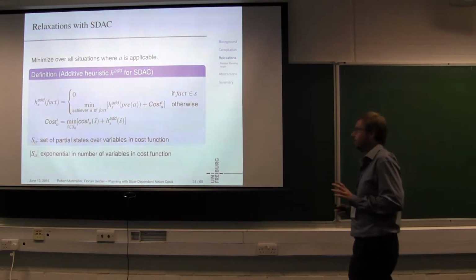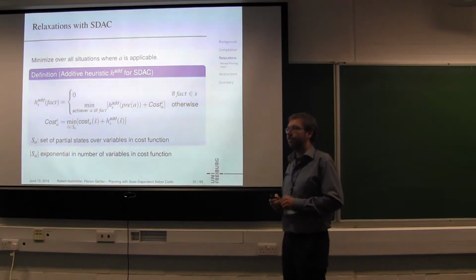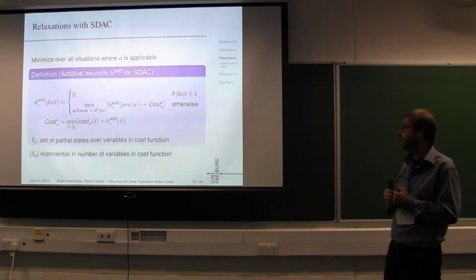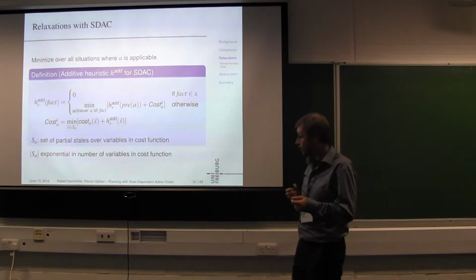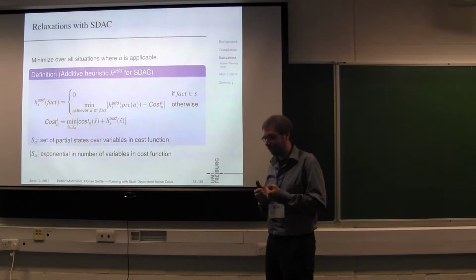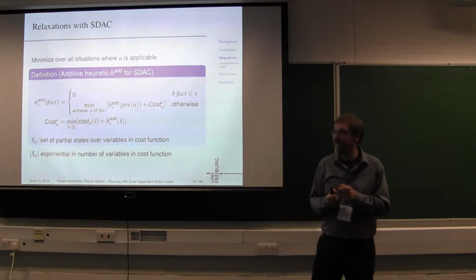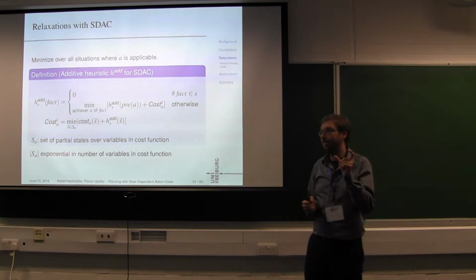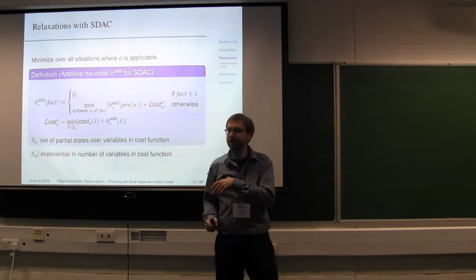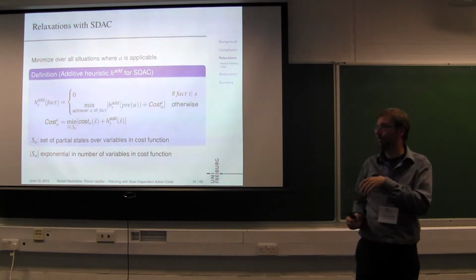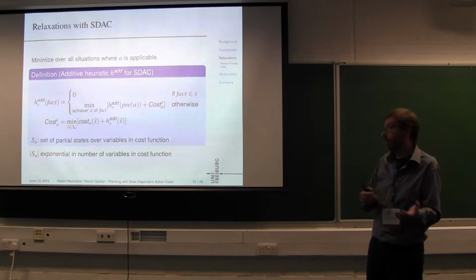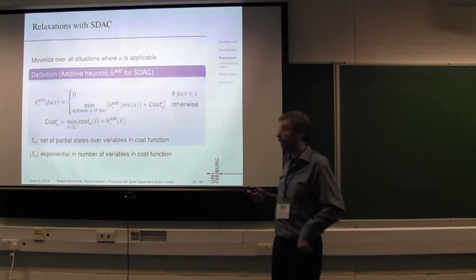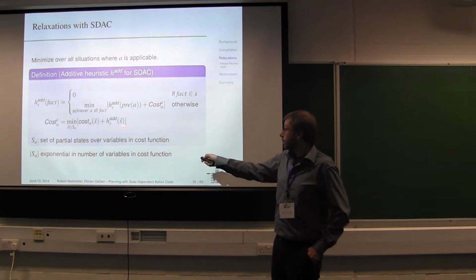But this is okay, because if a variable occurs both in the precondition of an operator and in the cost function, and assuming we're in, say, an SAS plus setting, then this value it has in the precondition is fixed, and we can simply plug in this value also in the cost function. And then, whenever a variable occurs in the precondition, it doesn't have to appear in the cost function as well. Okay. So that's the definition.